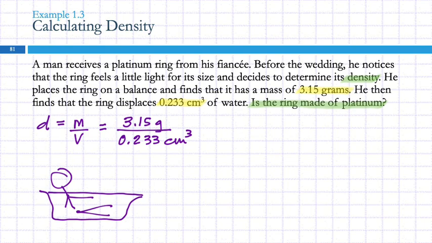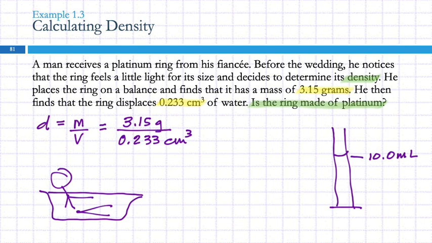So one of the ways you can measure the volume of an irregularly shaped object is using water displacement. You can take a graduated cylinder and put some water in it and make a note of where the level of the water is. Let's say this is 10.0 milliliters, right?